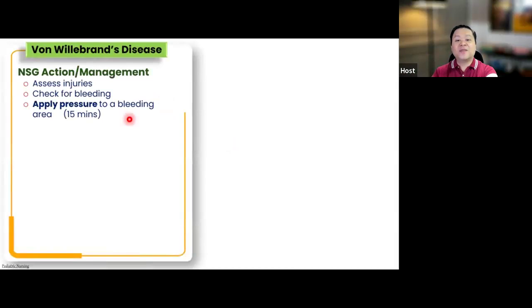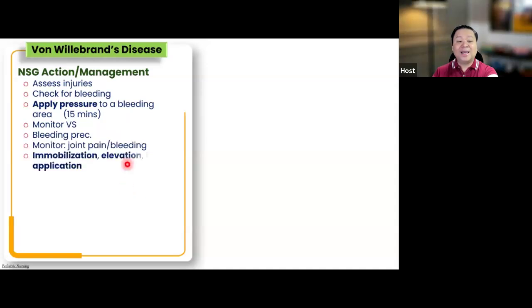We're going to make sure that we monitor the vital signs, monitor for joint pain, and also for bleeding. We're going to make sure that we are immobilizing and elevating and applying ice to the site, and make sure that we are also monitoring for any hematuria in case the pediatric patient might have sustained an abdominal injury.